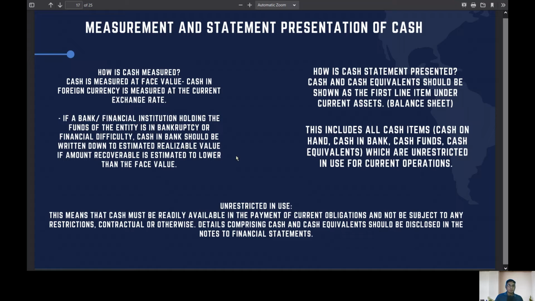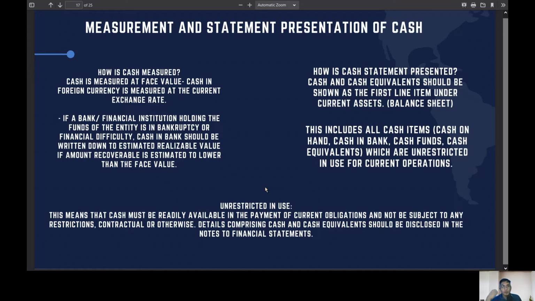And then, let's say a bank or financial institution holding the funds of the entity is in bankruptcy or in financial difficulty, cash in bank should be written down to estimated realizable value if the amount recoverable is estimated to be lower than the face value. 'Di ba meron minsan mga bangko na kunwari nagkakastruggle sila sa pagba-budget or magfa-file sila ng bankruptcy.